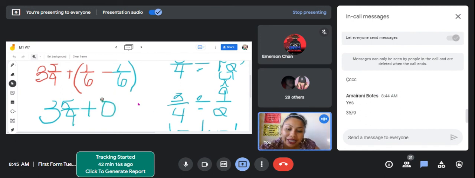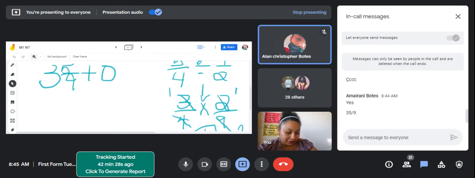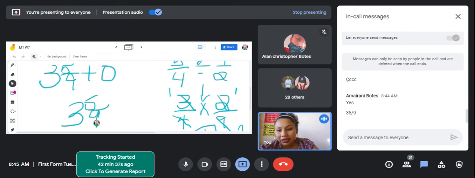What is 3 and 5 ninths plus 0? It's just 3 and 5 ninths. And that is your answer.